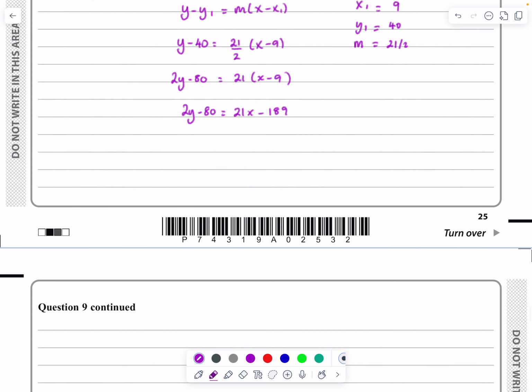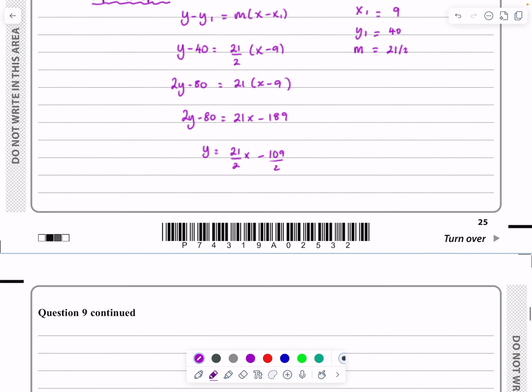Rearranging all that, y works out to be equal to 21 over 2 x minus 109 over 2.